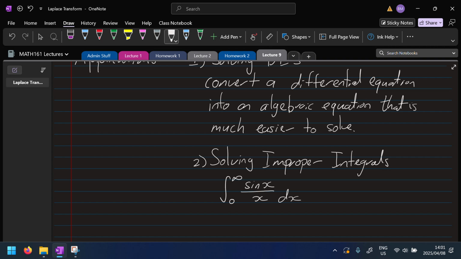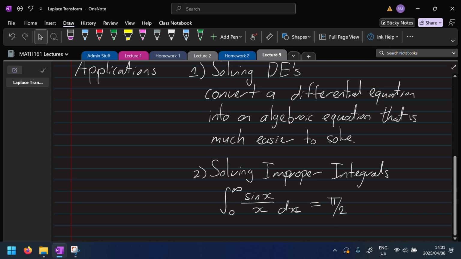However, we can use the Laplace transform to help us out, and we'll see later on that this is going to be pi over 2. So in this case, we can find an exact value for the integral. Okay, so those are the two applications we're going to be looking at. Again, the first one we'll look at, but it won't be directly tested. And for the second one, we'll have a look at more examples in the Thursday lecture, and this can be tested.